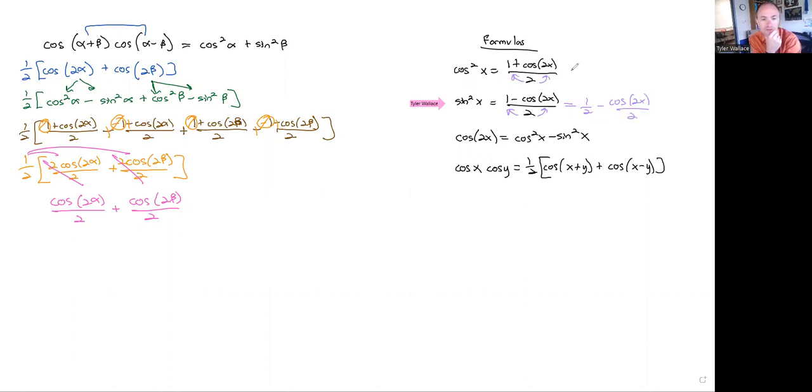Same thing on the other formula. That would be 1/2 plus cosine of 2x over 2. And so they're very similar. In fact, with the beta, we want to have sine squared. They're off by a negative.